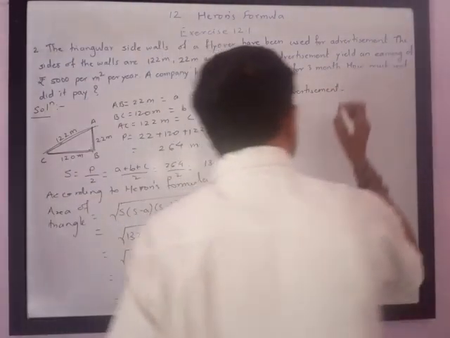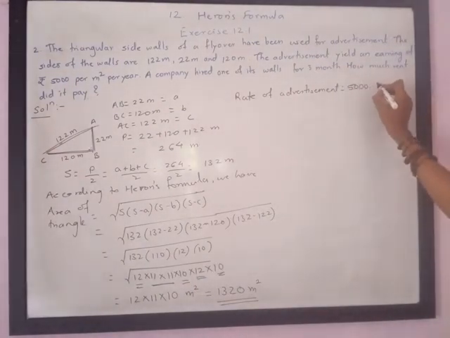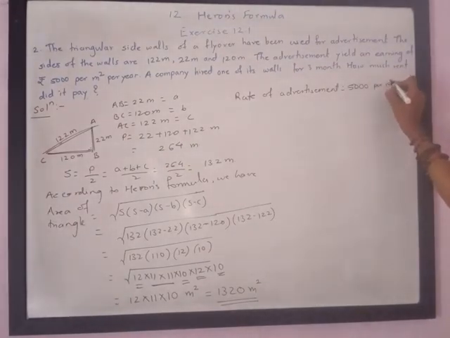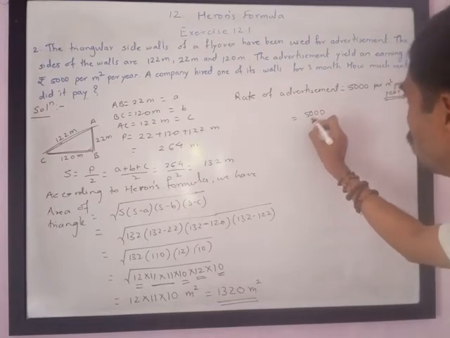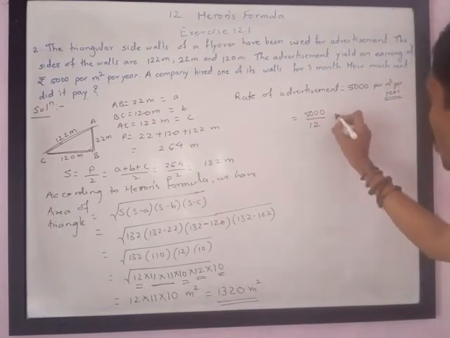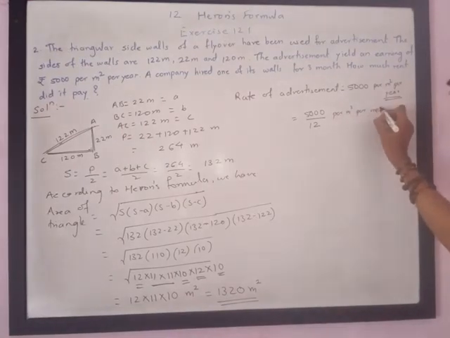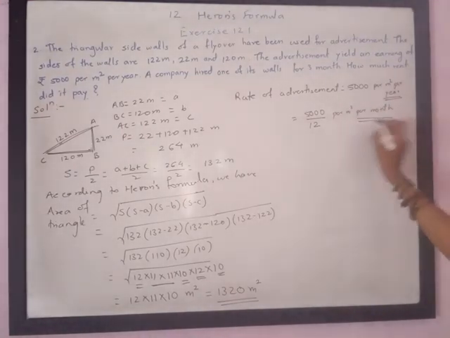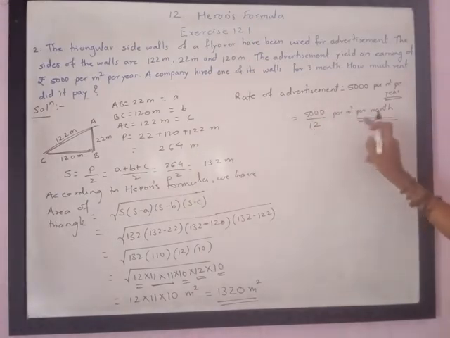Please note, per year means 12 months. So this is equal to 5,000 upon 12 per meter square per month. Try to understand this: I have divided by 12, so I will get 5000 upon 12 per meter square per month.